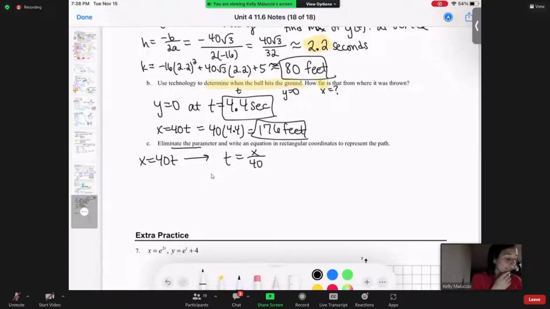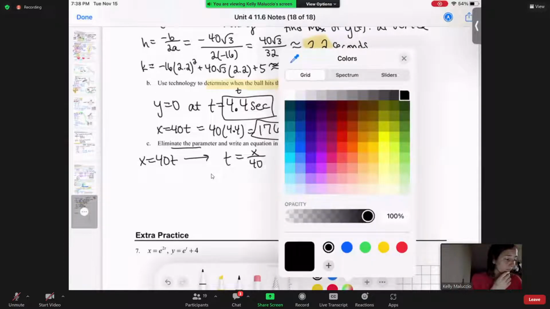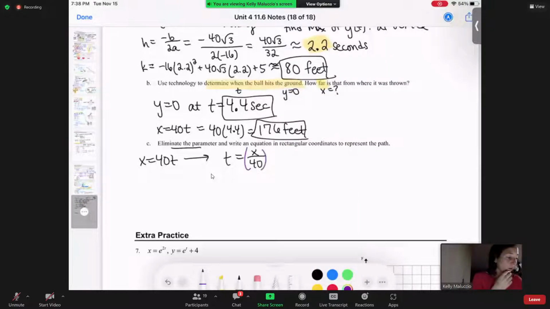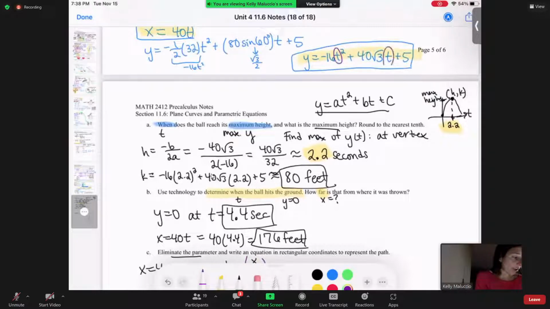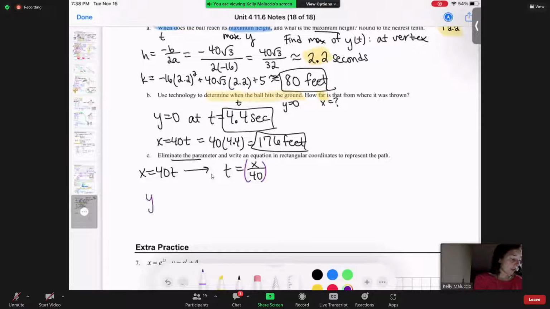And then we're going to replace this into the Y equation everywhere that I see T. I'll just rewrite it in terms of X. So I'd say Y equals negative 16 (X over 40) squared plus 40 square root of 3 times (X over 40) plus 5. And then I can simplify this.